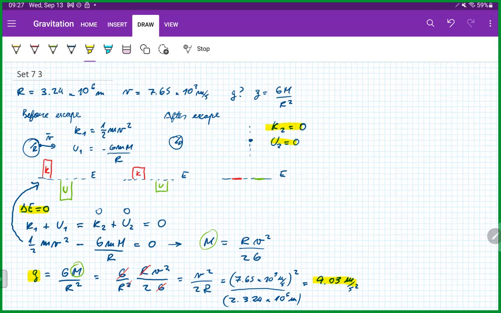Hope it's clear, the energy considerations. If you just jump from here and go straight to here and replace that M without making clear what's going on with the energies or the situations, the first part, which is before the escape, and the after escape, so we have two situations where we're comparing the energies.